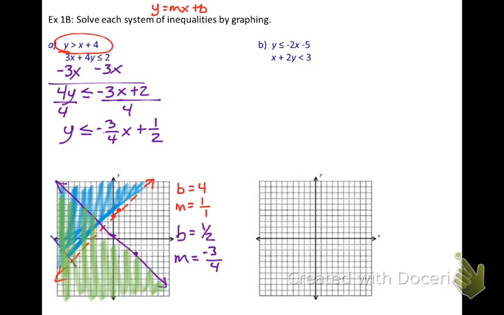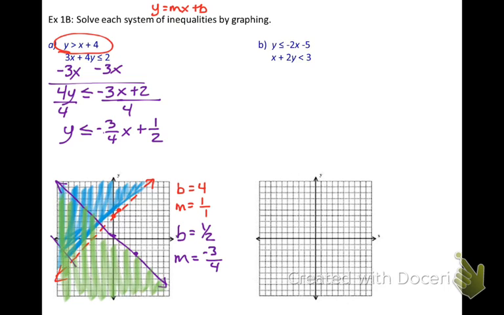So where each of the two separate highlighters hit, that is your answer. That's where those points work for both equations.